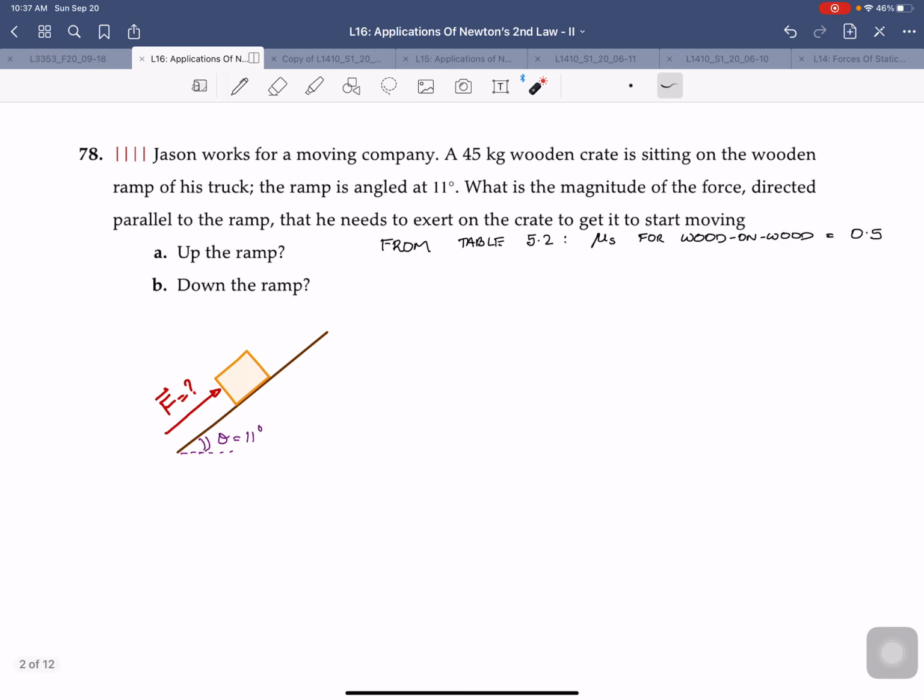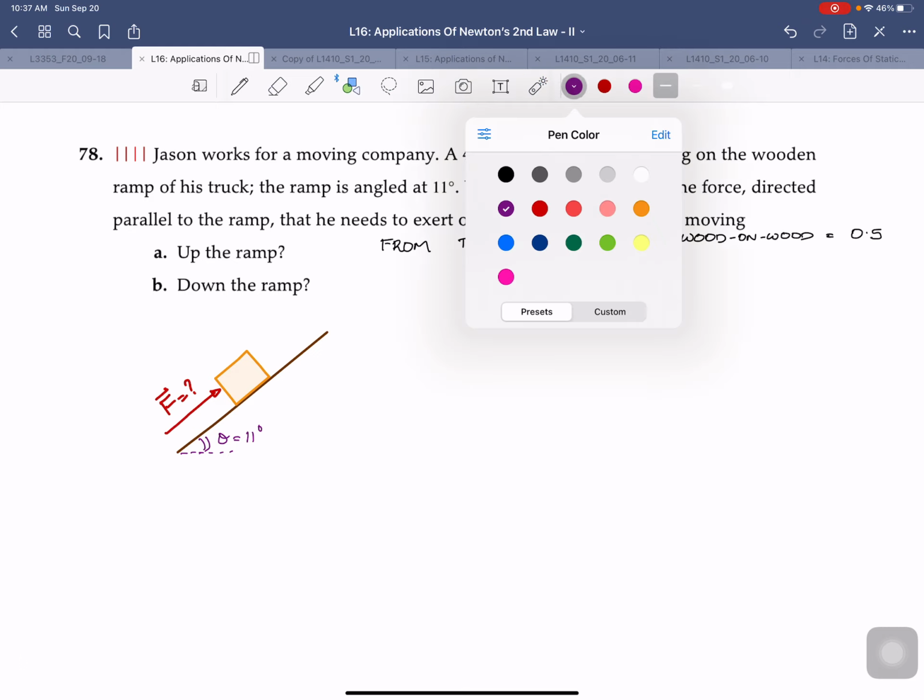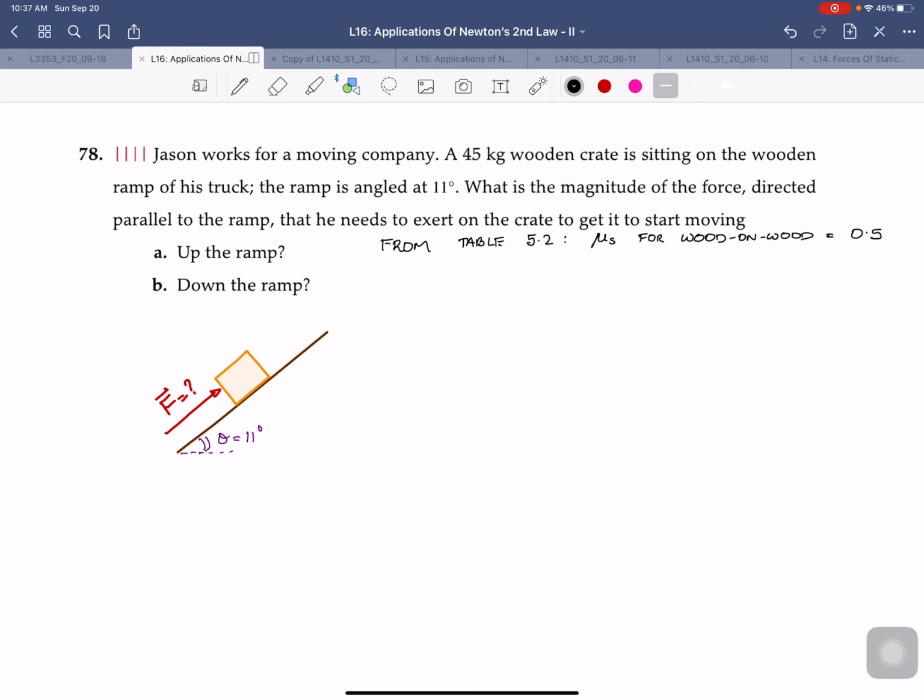Here again, we're talking about an incline, so we're going to draw a free body diagram of the crate.